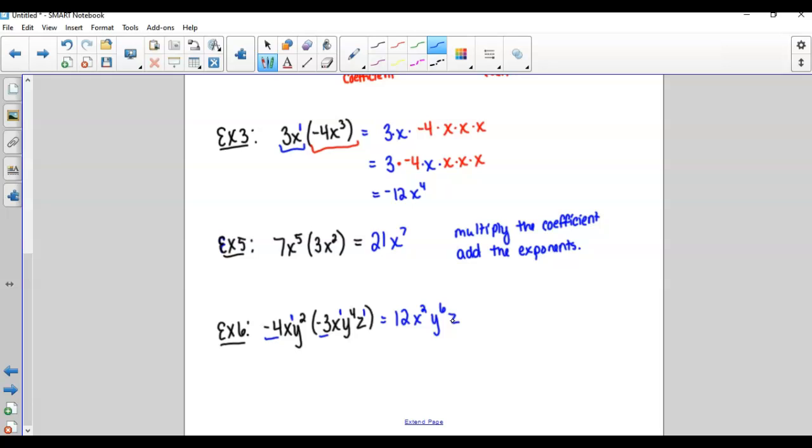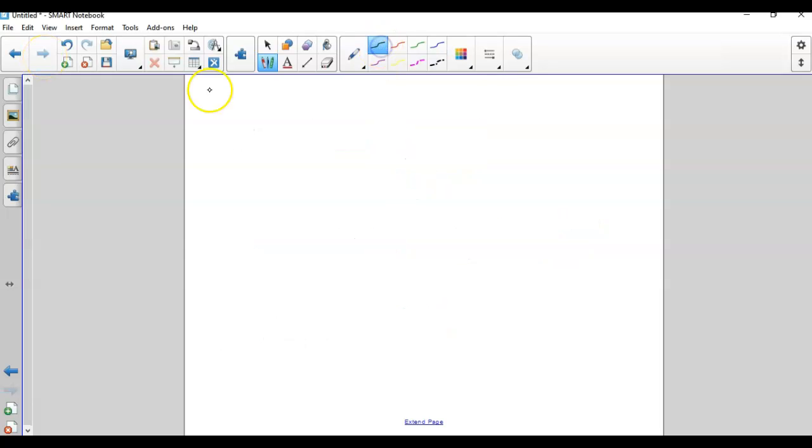All right, let's look at another situation that we're going to run into. So for this situation, for example 7, we are going to have something that looks like this: x to the 3rd to the 2nd power. Okay, so let's think about this the long way here.